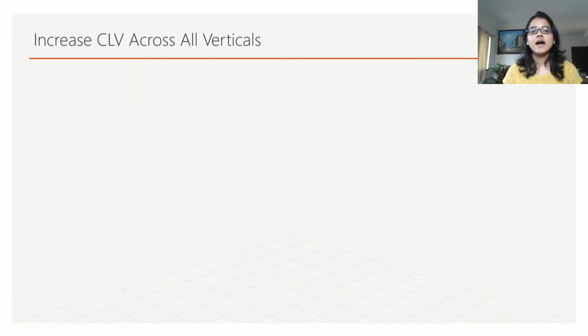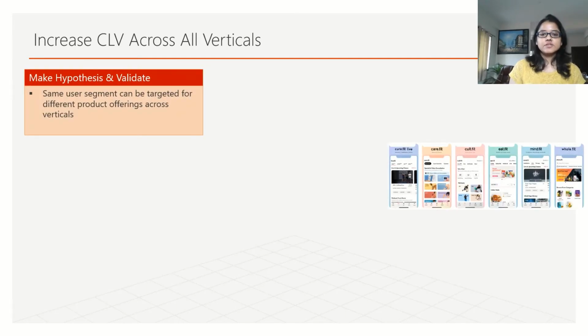Now we'll discuss how to increase CLV across all verticals of CureFit. So the hypothesis is that the same user segment can be targeted for different product offerings across verticals because they belong to the same user persona and demographics.